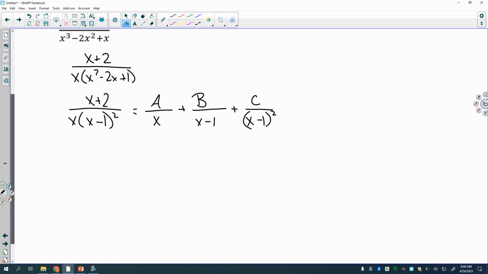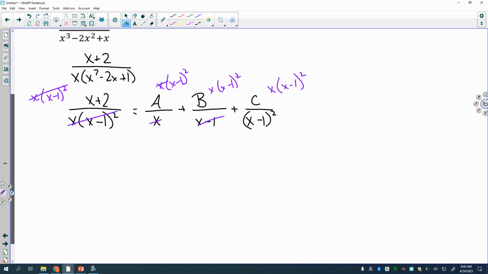Again, go through, multiply by the common denominator. And things cancel. Over here, everything cancels. Here, just the x cancels.